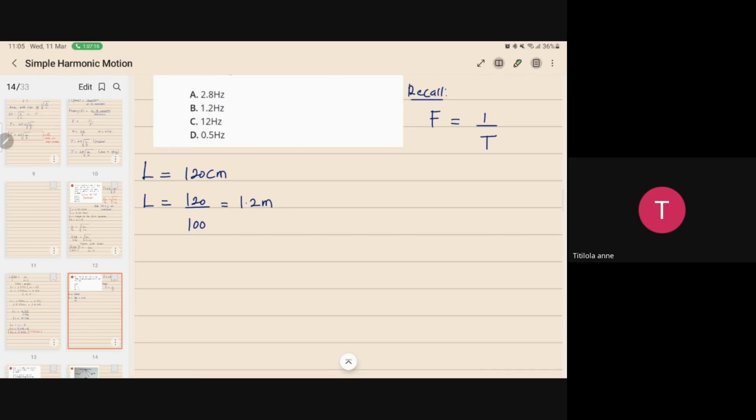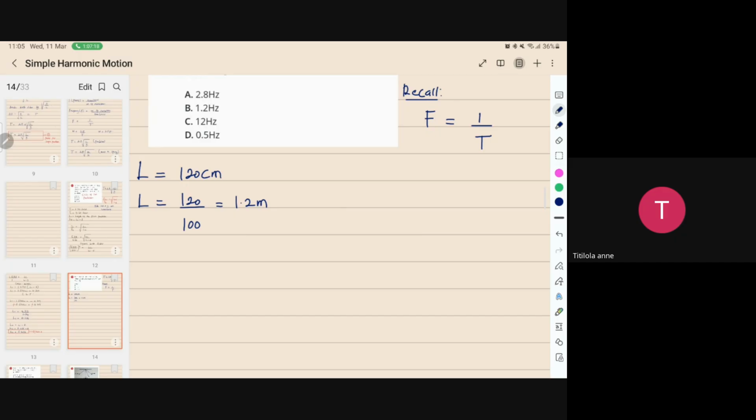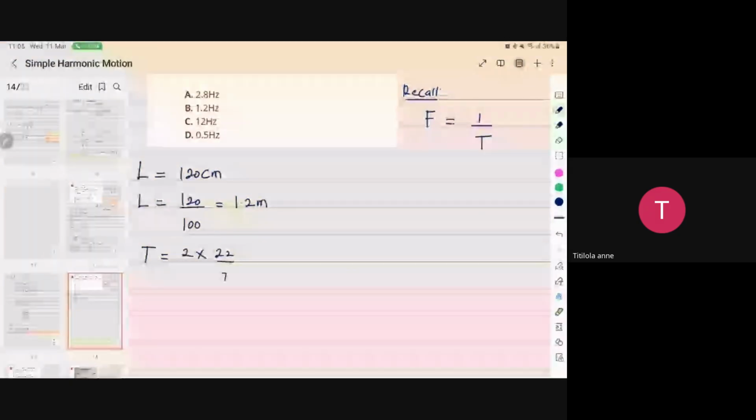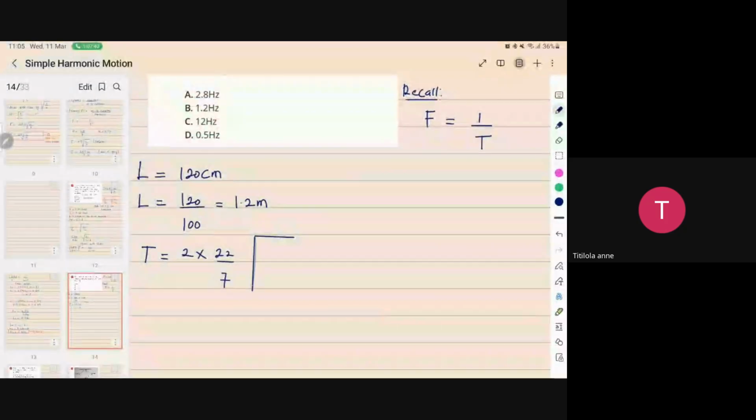We have that T is equal to 2 pi, open brackets. They've given us the value of pi already, which is 22/7. Are you still following, guys? So I have 2 times 22/7, then square root of L over g. L is 1.2, g is 10.